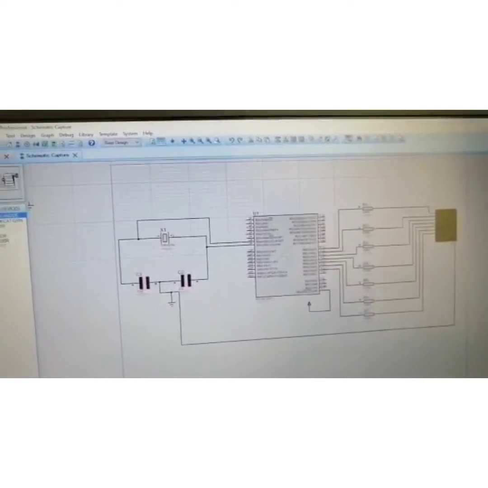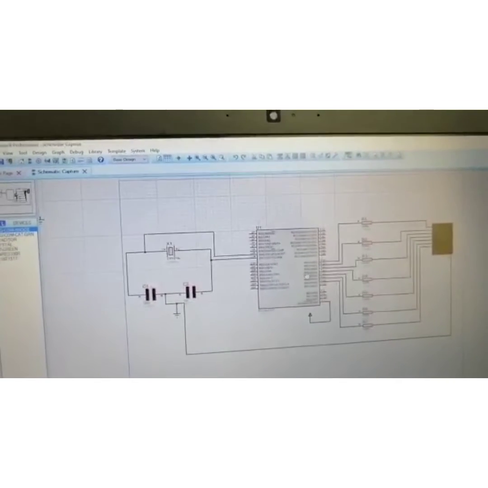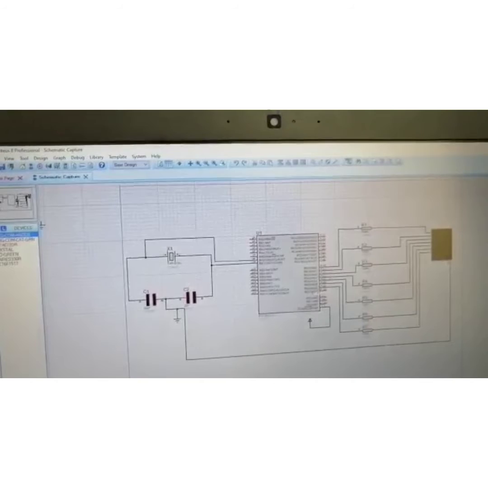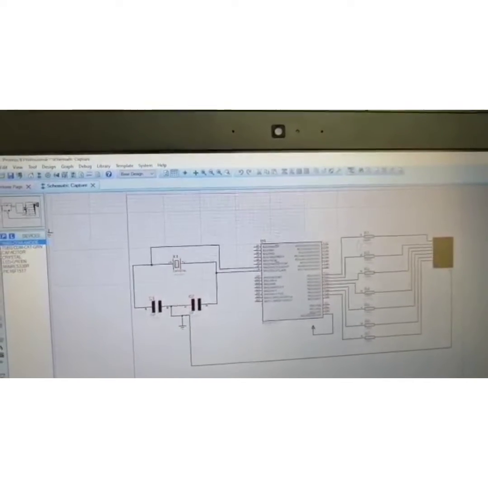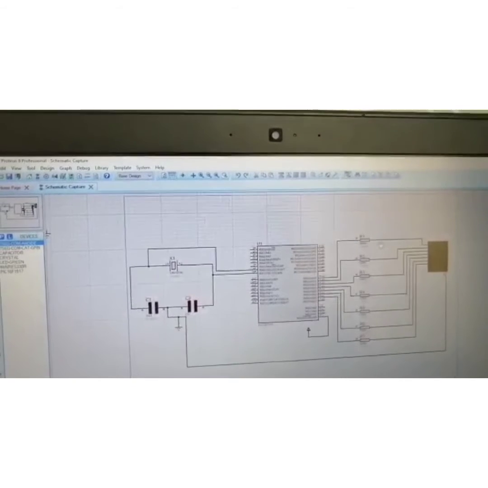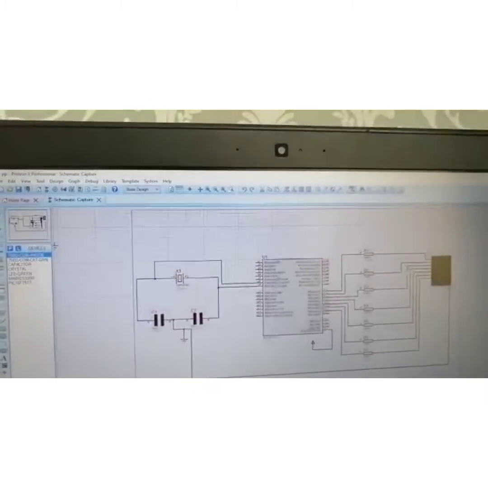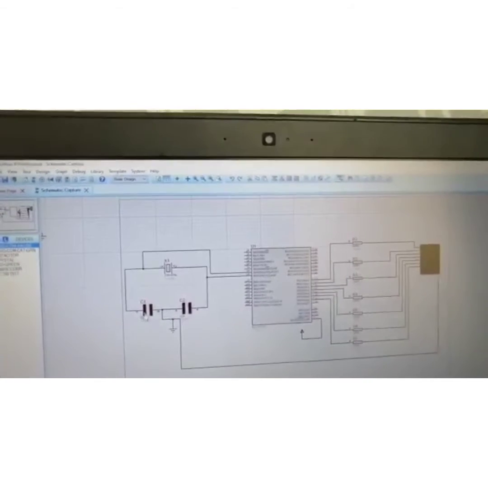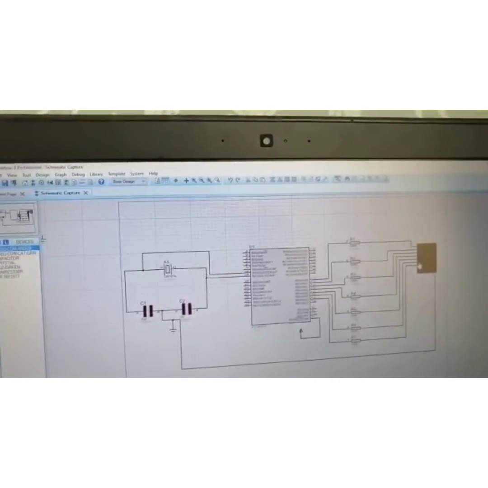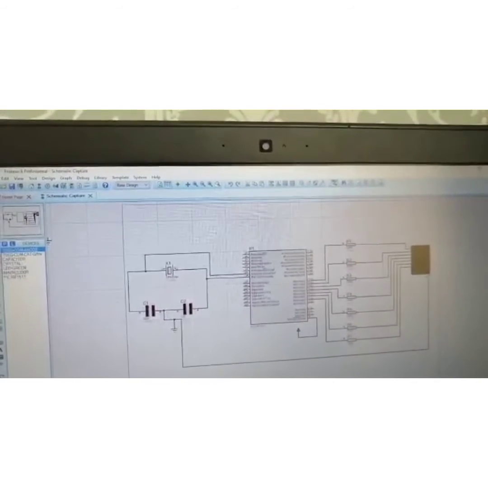For port D, you connect RD0 to RD6 to the resistor, then connect the next wire to the terminal, and the ground to the segment's common anode ground leg.